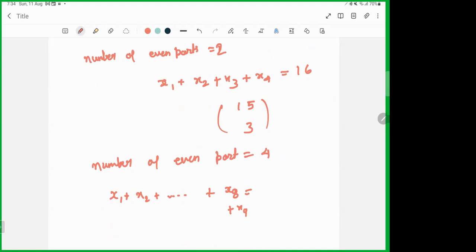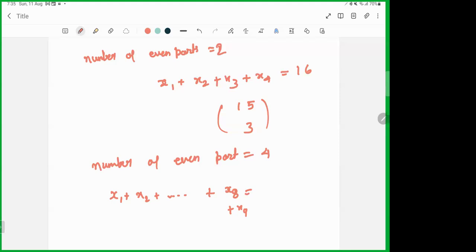I think some other approach is better. But this is doable. Why do you feel this is not correct? If you have just four, there will be just two cases. Either it can be x1 plus x2 plus up to x8, or x1 plus x2 plus up to x8 plus x9. If we go to x10, then it is not done. The same situation holds for every number, so two cases, right?